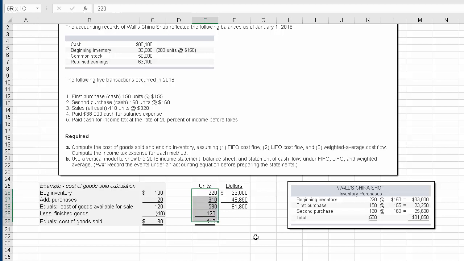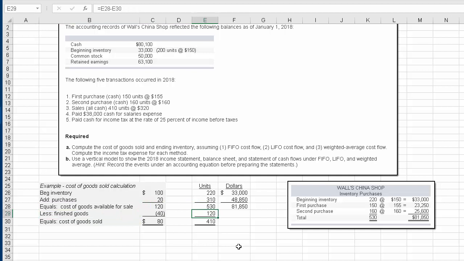Now, let's format this so it looks a little bit more aligned. So I know 410 units were sold, 120 in ending inventory. And by the way, you can reverse these. You can say cost of goods available for sale less cost of goods sold equals finished goods. There's nothing wrong with preparing the schedule that way.